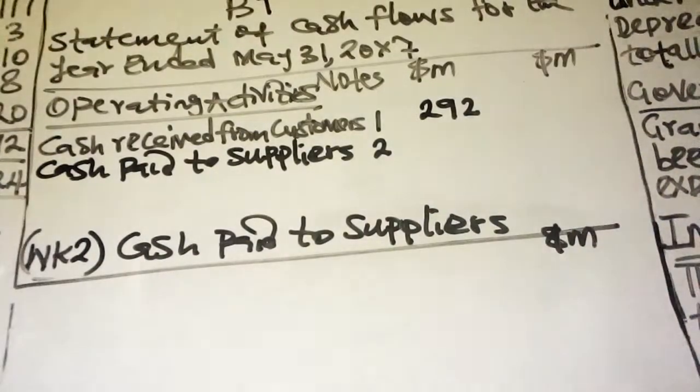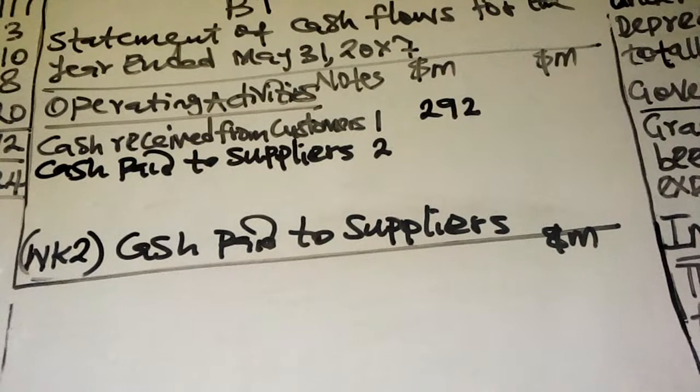Then the transactions that have to do with suppliers that you will find in the financial statement are, number one, the payables. Your opening balance of payables will be found in the opening statement of financial position, while the closing balance will be found in the closing statement of financial position. Then after payables, the next thing is purchases.